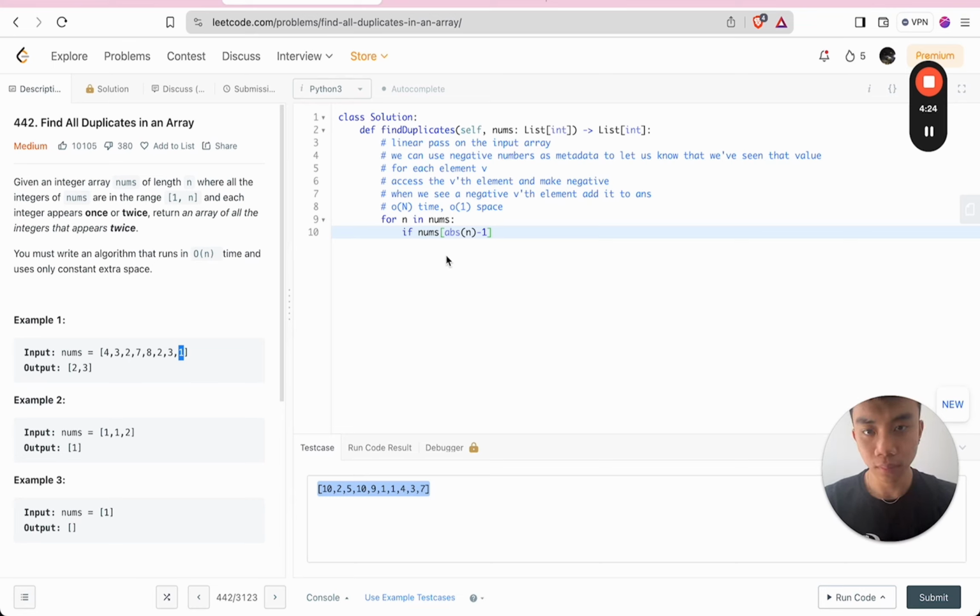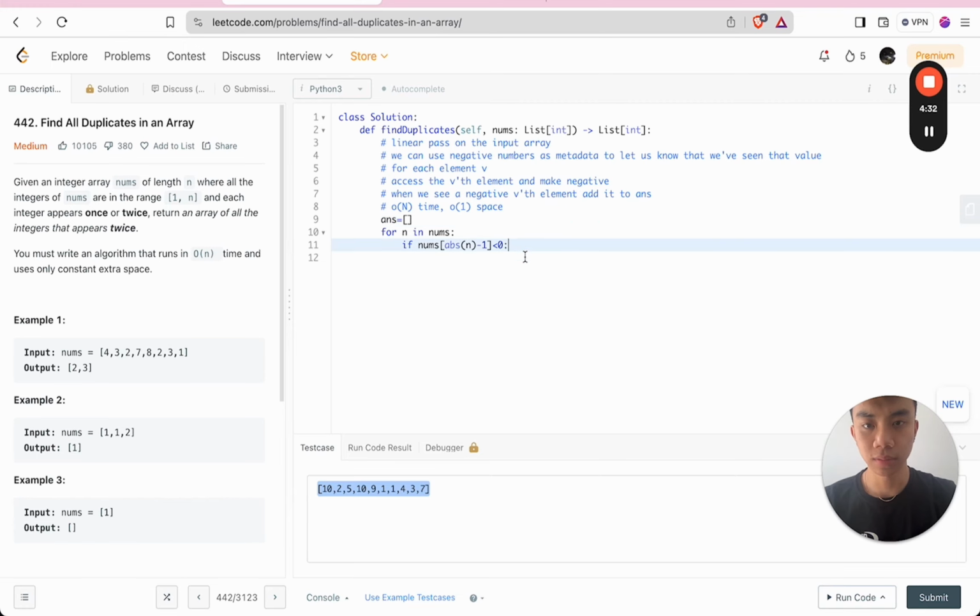So if that value is negative, then we have to add n to our answer, because that means we've seen n before, because the nth element is negative.